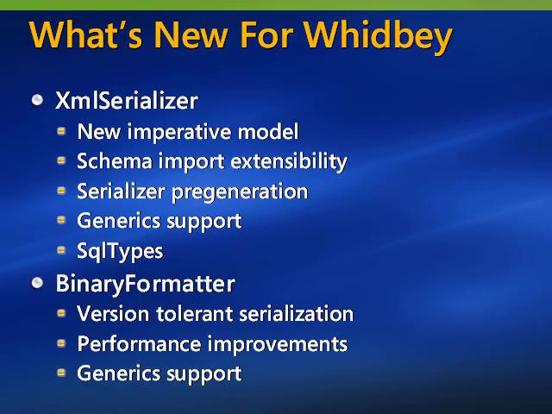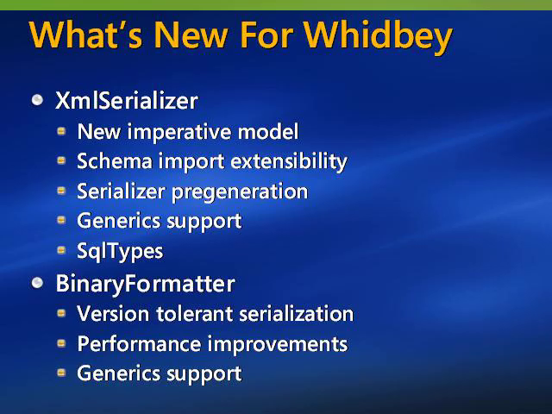Last but not least, I want to talk about the binary formatter. Now, this thing, version-tolerant serialization: for those of you that use runtime serialization or remoting, you may be aware that when you define a type foo and say it has some fields on it, once you mark that type as serializable, you can't change the fields. You can't add a field, you can't remove a field, you can't do anything to it. In essence, from a serialization perspective, your type has to become immutable.